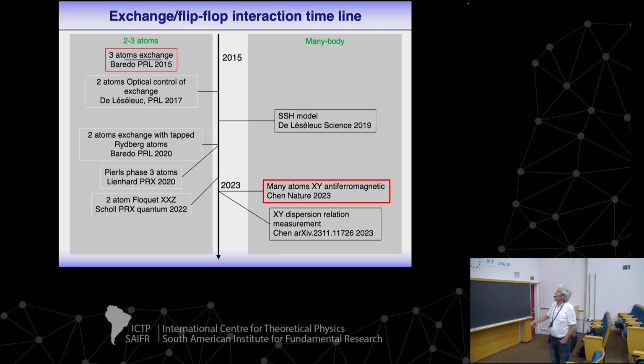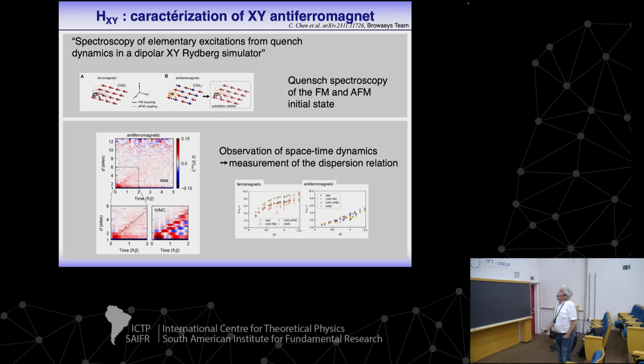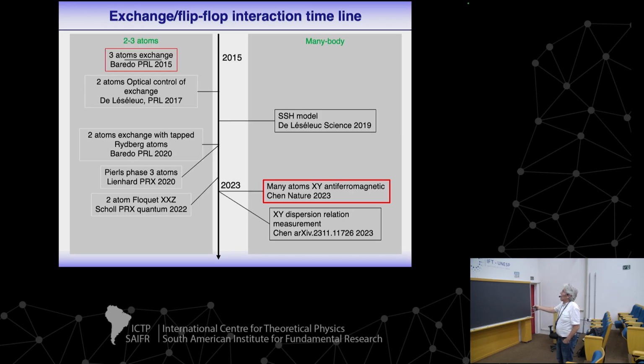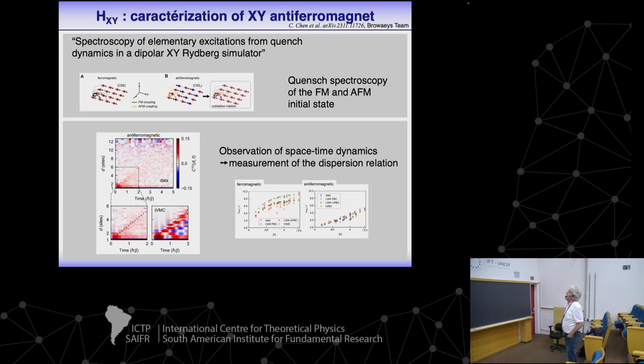So I will focus now on one of the experiments recently performed with the XY Hamiltonian in 2023. And indeed, a very similar, more sophisticated experiment was performed a little bit later, which is also very interesting, but that I will not have time to discuss in detail.